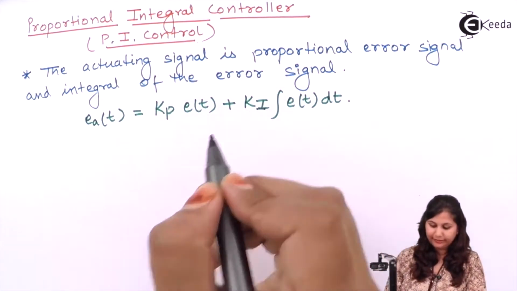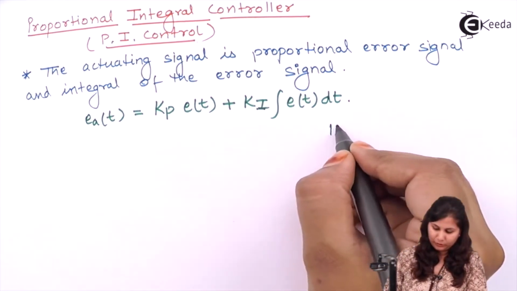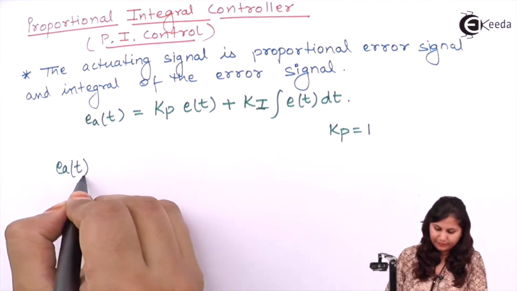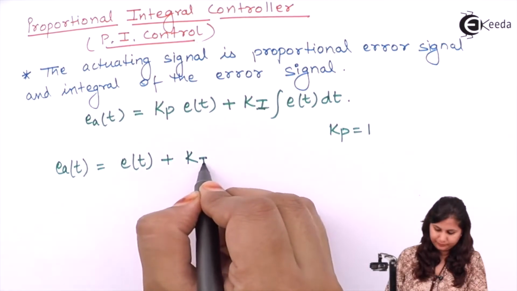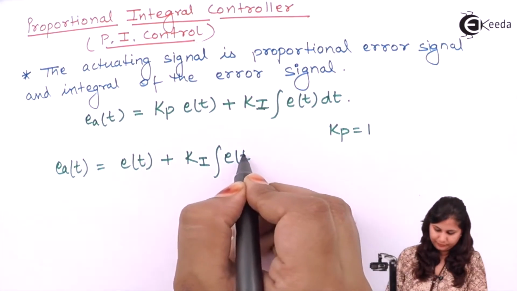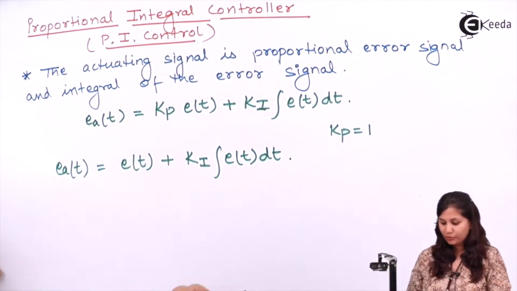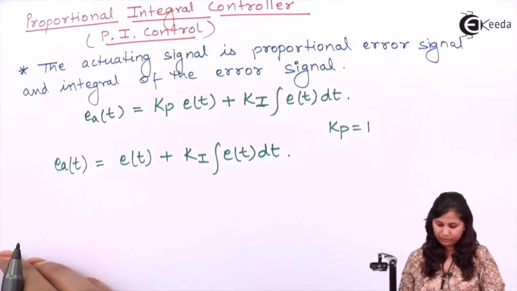This is the integral constant and this is the proportional constant. If we keep Kp equal to 1, then this actuating signal will become as shown. Now let us again draw the block diagram for this proportional integral controller.